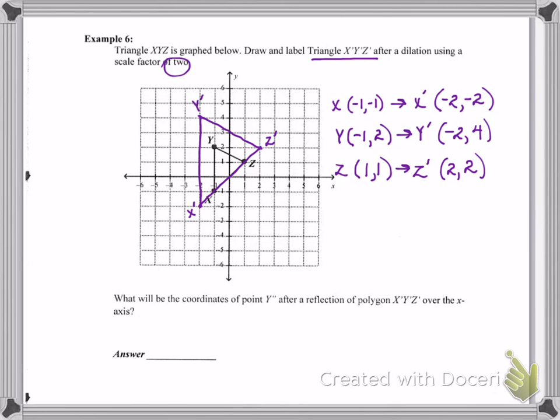Well, that is talking about one of the past packets with the reflection, and the correct answer should be that Y, the image, that double marking, would be at -2, -4, because if you look at the image of Y right here, if I flip that over the y-axis, or the x-axis, pardon me, it would be all the way down here. So that would be my reflected point.